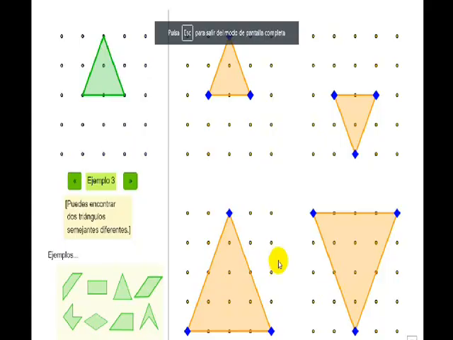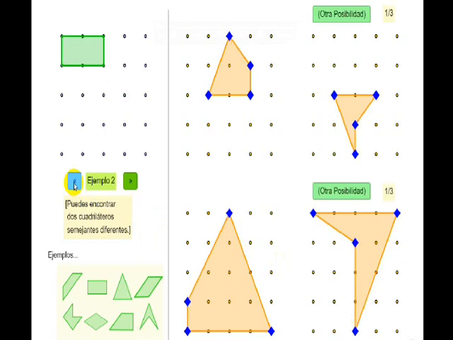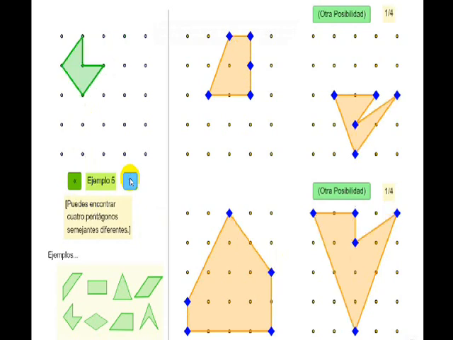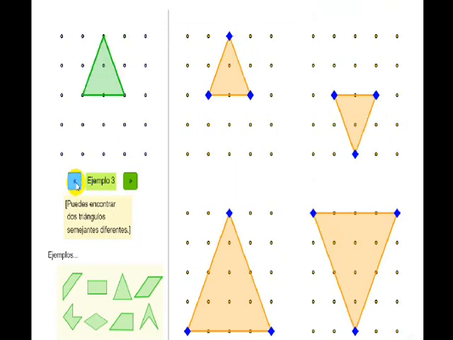Voy a ponerlo más grande para que lo vean, listo. Ustedes pueden cambiar ese botón y la figura cambian, miren. Aquí ahora ya tengo un rectángulo. Aquí tengo un trapecio. Puedo obtener un rombo o una figura irregular. Ustedes escogen la que quieran.